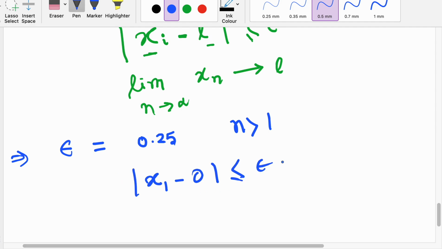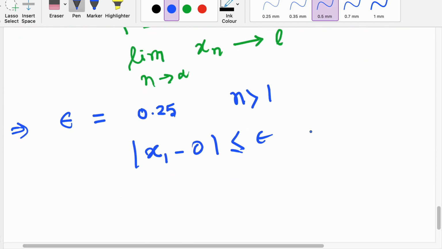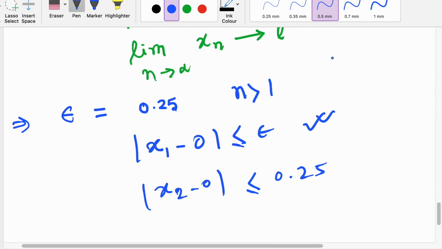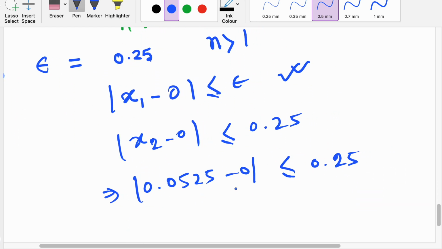So x1 minus 0 will be less than or equal to 0.25 because x1 is 0.25. So this is satisfied first. Then I see whether x2 minus 0 is less than 0.25 or not. x2 is 0.025, so 0.025 minus 0 is less than 0.25. If I go to higher iterates, you will find that this relation is satisfied.